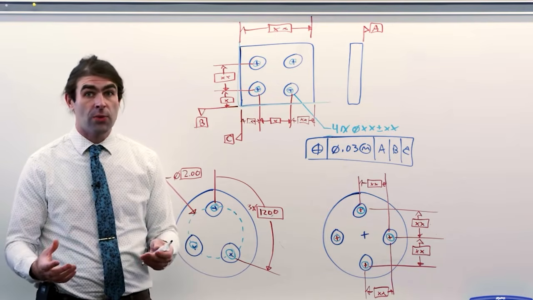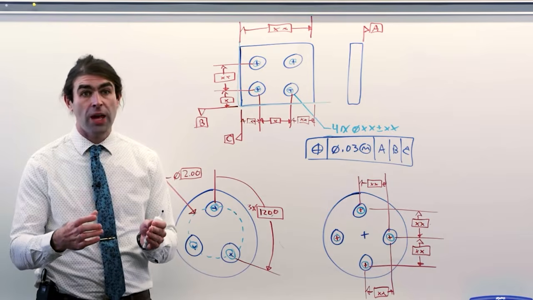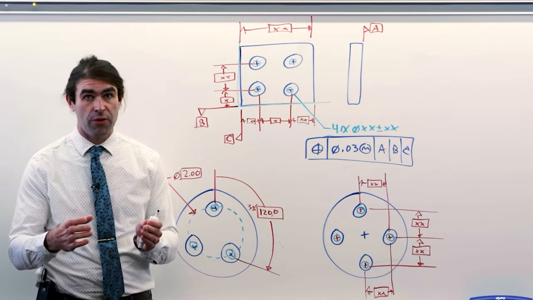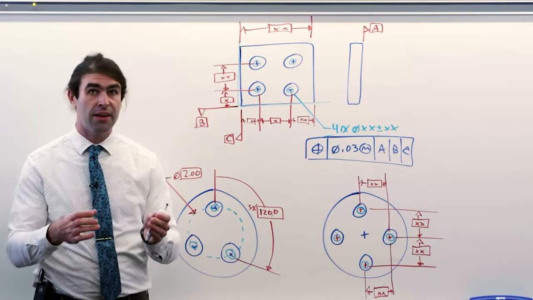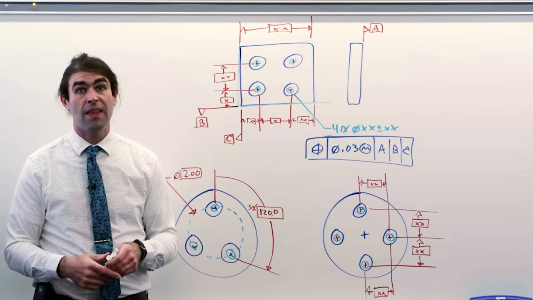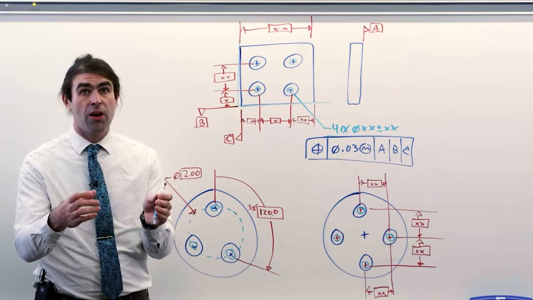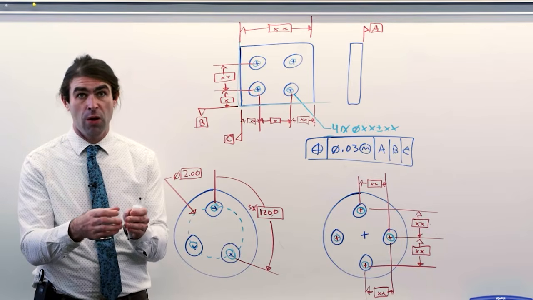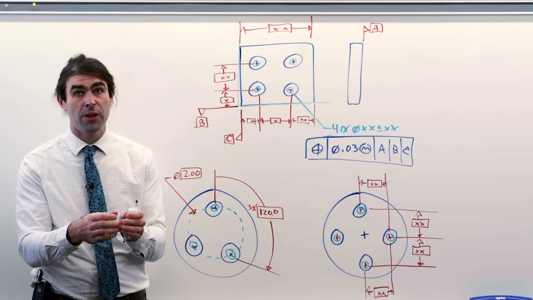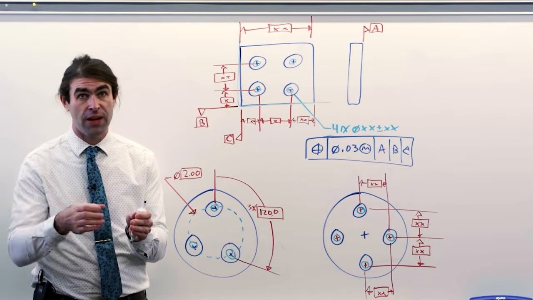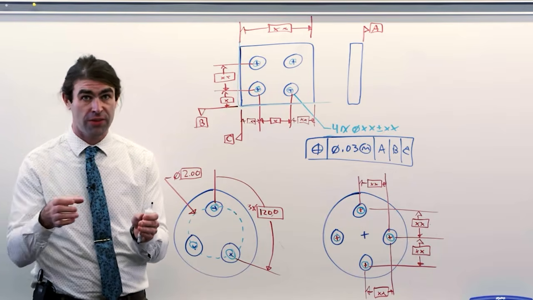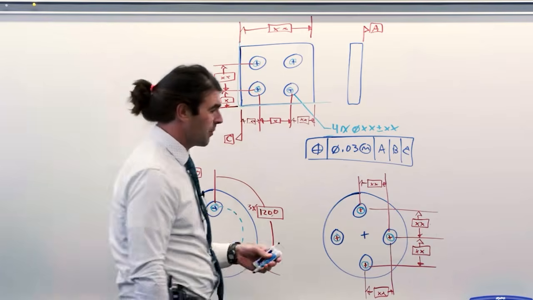Well, there could be a situation where it's okay for a hole to be further to the left or the right, but not up or down, and you could apply that tolerance that way. Say you have a slotted part fitting on top of a part with a hole in it. It might be okay for that hole to move in one direction a lot and the other direction not so much. Let me show you what I mean.